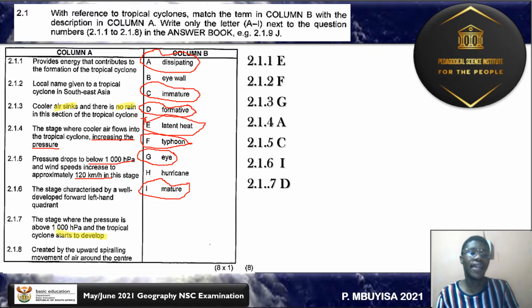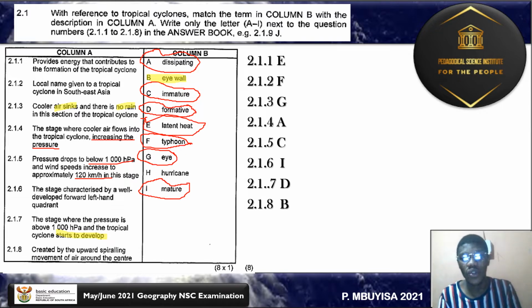And 2.1.8, created by the upward spiraling movement of air around the center, is our eye wall. Remember, our eye wall is formed as a result of the spiraling movement of the cyclone. So that is B.